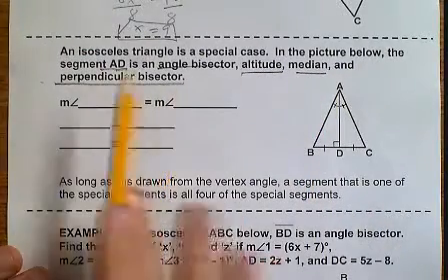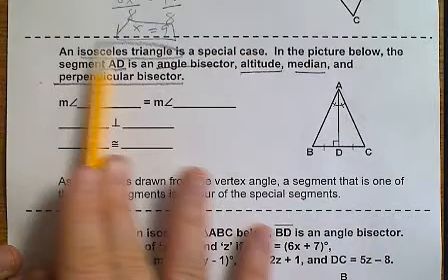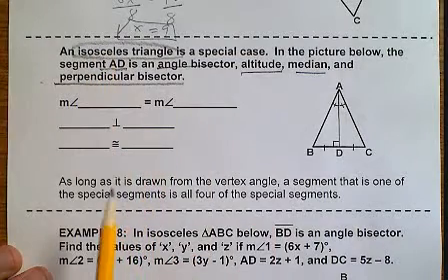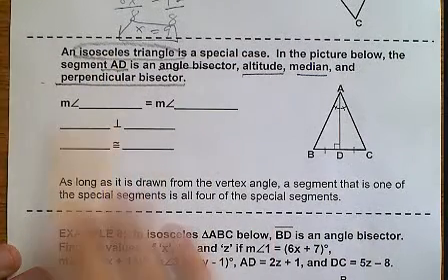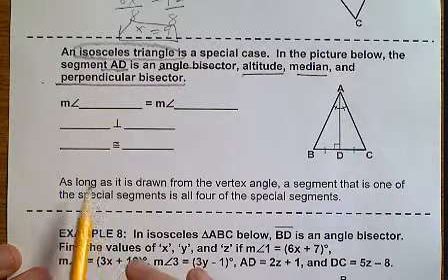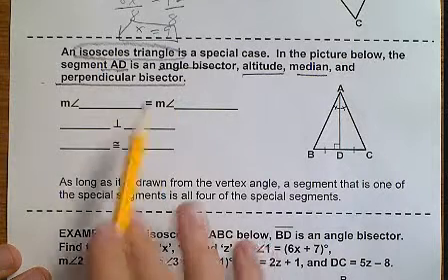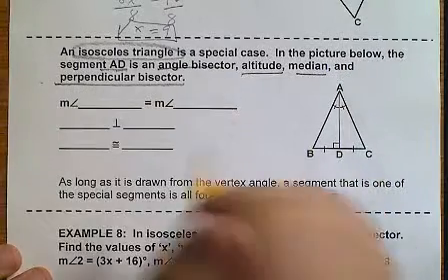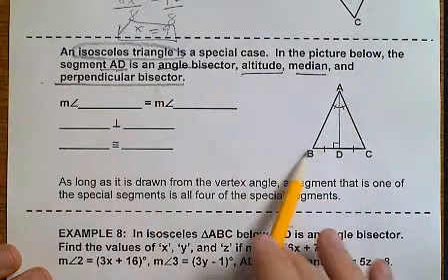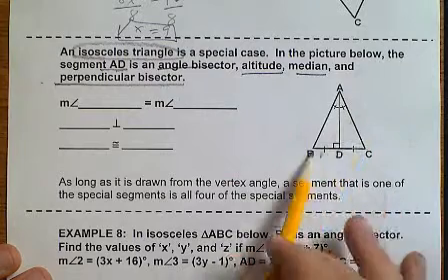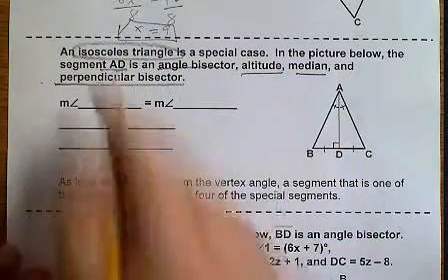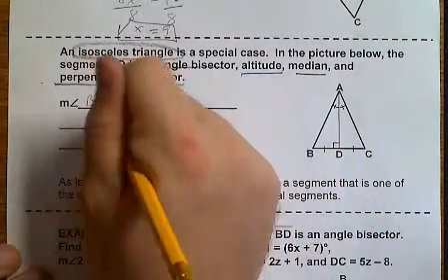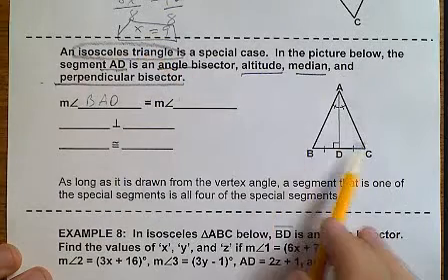This is true for all isosceles triangles. So, let's go see if we can figure things out. Two angles that are equal would be angles B and C. That's because of the isosceles, but what's marked is that BAD equals CAD.